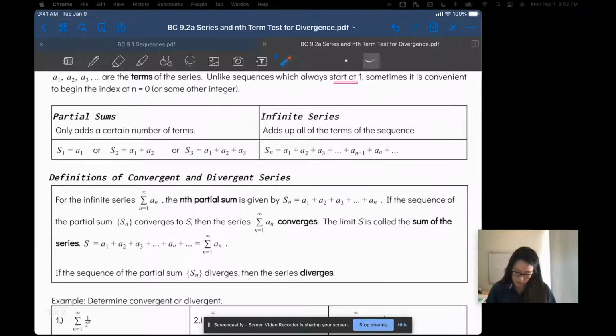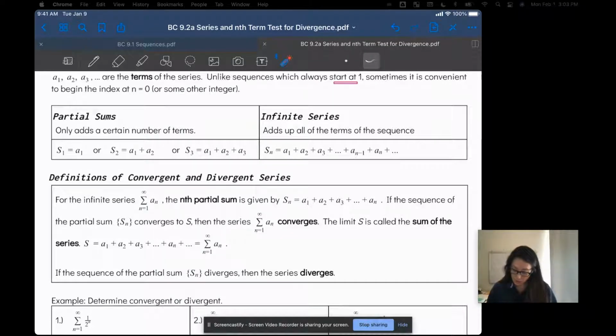The definition of a convergent series is this: for the series, the summation of a sub n from n equals 1 to infinity, the partial sum is given by S sub n equals a sub 1 plus a sub 2 plus a sub 3 till the matching n. If the sequence of the partial sums S sub n converges to S, then the series also converges.